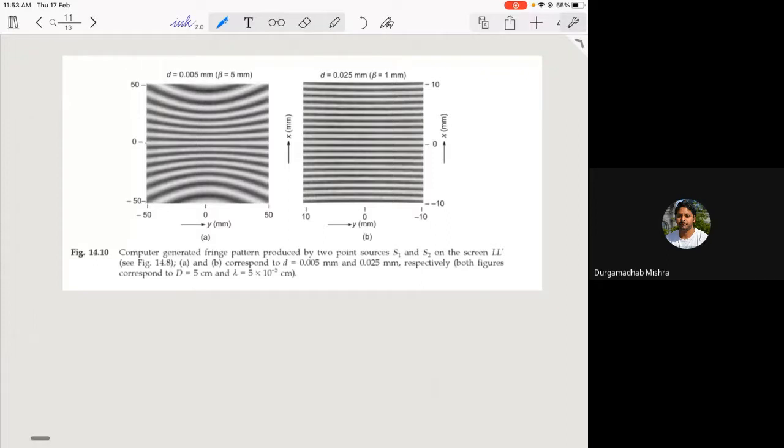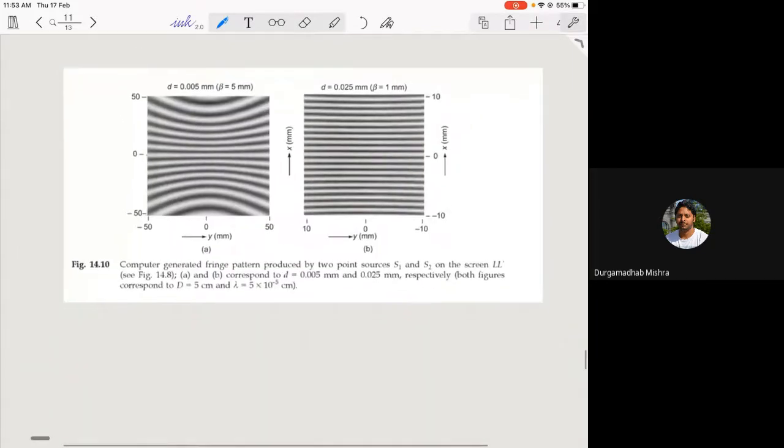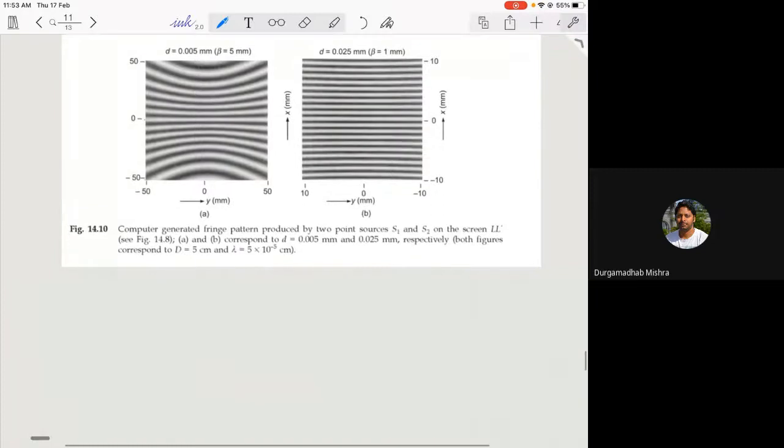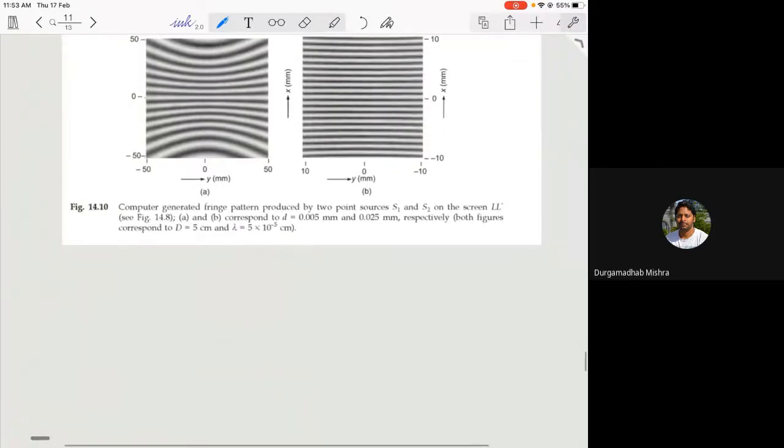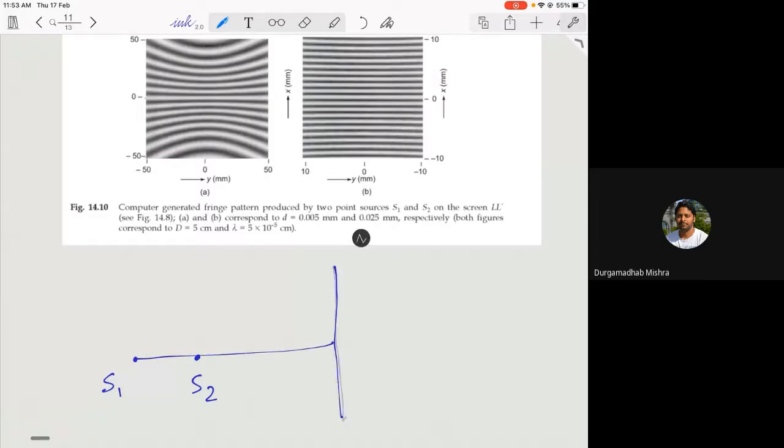Now if I change, instead of the sources I have taken along one x-axis, let's say in this case, what happens if I put two sources? Let's say my configuration is something like this, S1 and S2, and now I want to see what happens on the screen here.